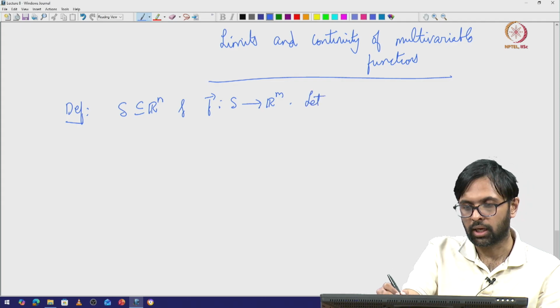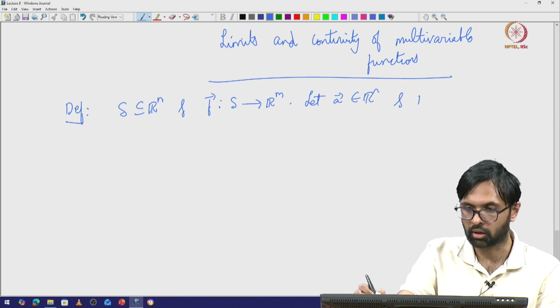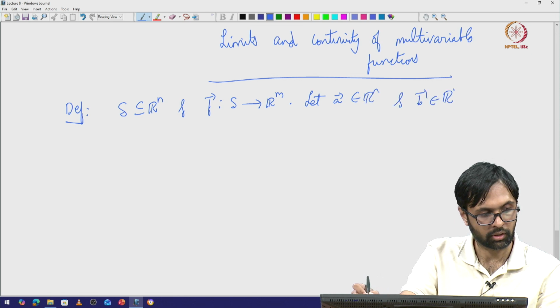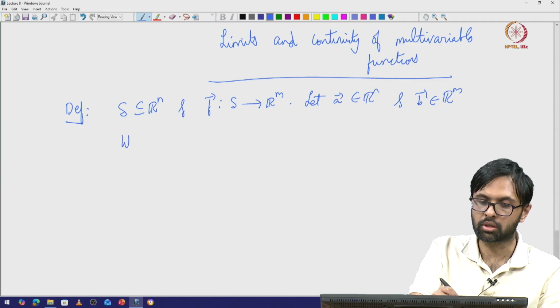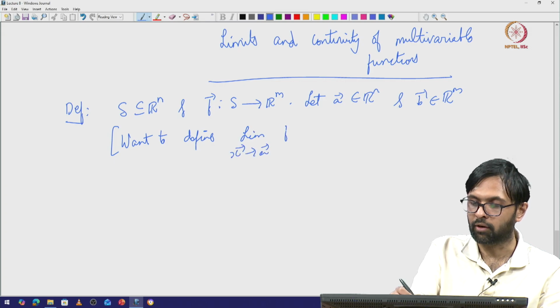So let A be in Rn and B in Rn. Before giving the definition, let me give some motivation. We want to define the limit as x goes to A of f of x. We want to say that this is B.